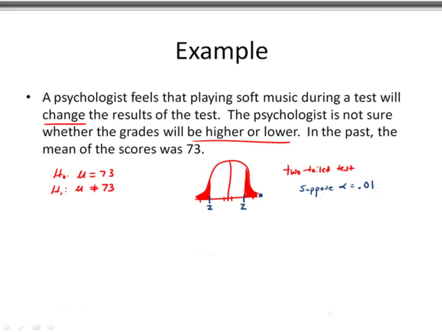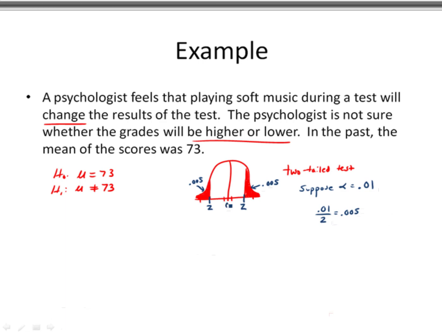And since I have 2, I'm going to need to take this 0.01 and divide it by 2 to figure out the area of each part. So this section is 0.005, as is this section.